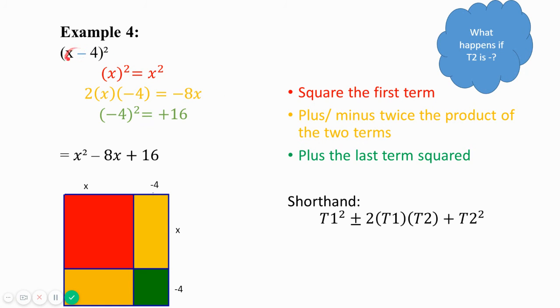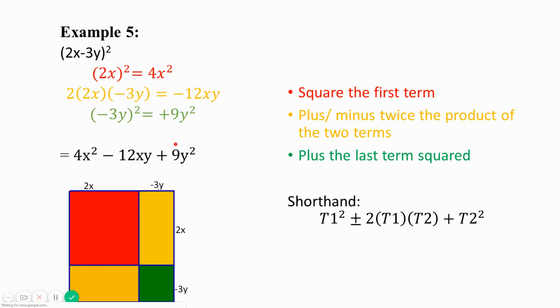So if a term is separated by a negative sign, then the middle term is going to be negative. And then the last term squared, negative 4 squared, well, negative 4 times negative 4 is still positive 16, plus the last term squared. It's always going to be plus. And you can write your answer.